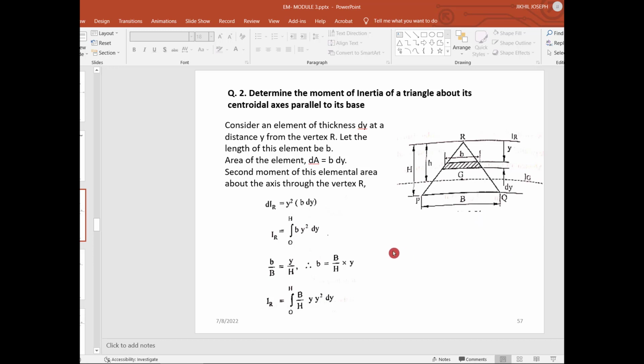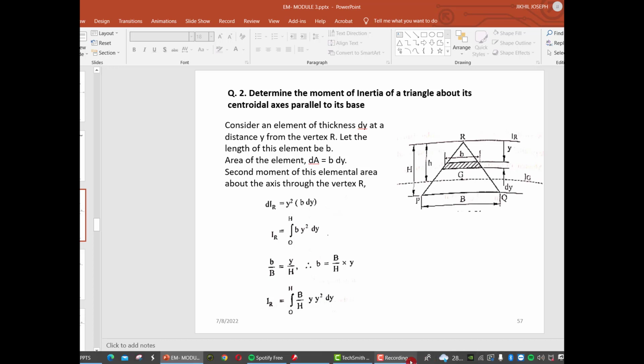The correction is that the initial expressions of moment of inertia are performed with respect to the axis through the vertex R, this line. We will reread this one. Consider an element of thickness dy, at a distance of y from the vertex R.